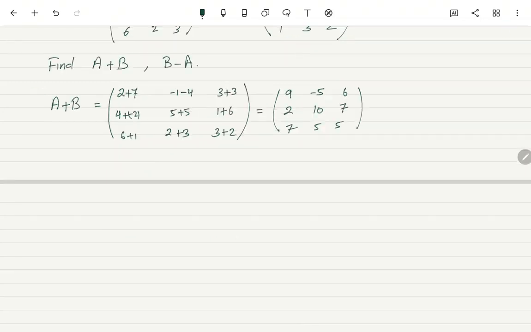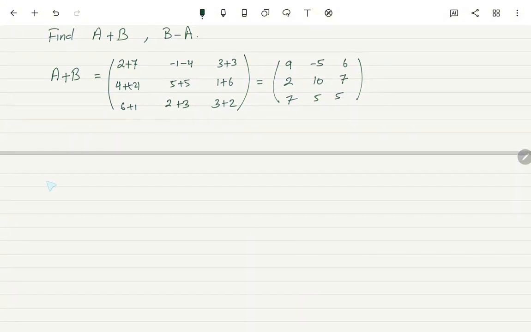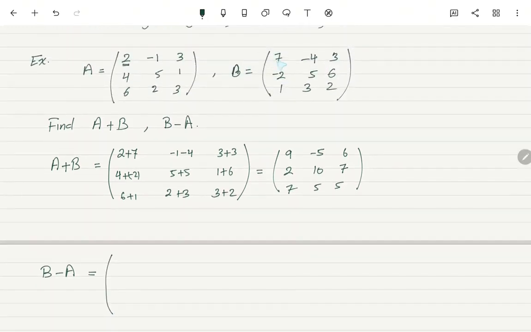Now let's perform the subtraction. So B minus A equals, same rule here, but we just subtract this from this, this from this, this from this, and so on.